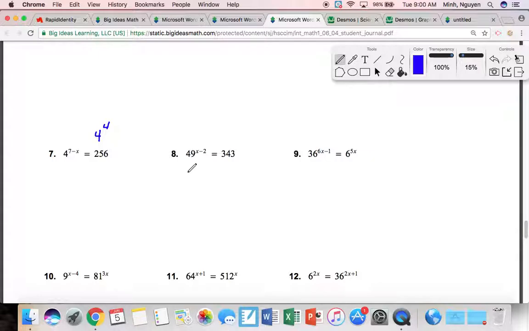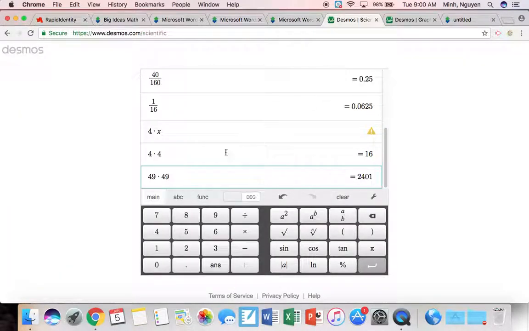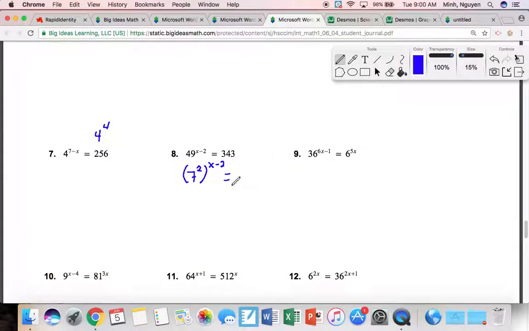So this is actually 7 squared to the x minus 2 equals 343. 7 times 7 times 7, so 7 cubed.